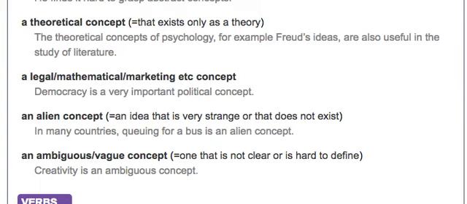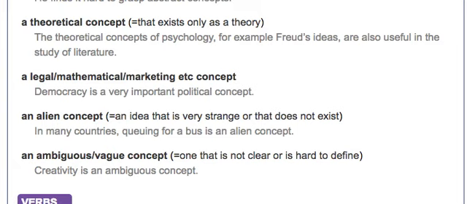Let's continue. A legal or mathematical or marketing concept. Democracy is a very important political concept. So that's the area, the topic that it belongs to. An alien concept means an idea that is very strange or that does not exist.